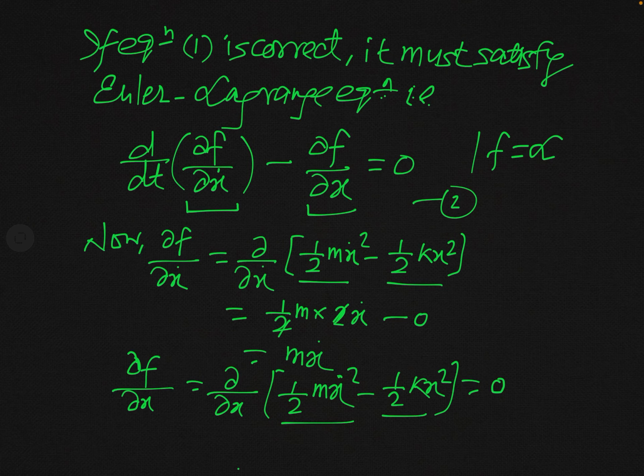But what will be the derivative of the second term? This is minus half k times 2x. So this 2 and 2 will cancel, and del f by del x is minus kx. Now you have obtained del f by del x dot, which is m x dot, and del f by del x, which is minus kx.